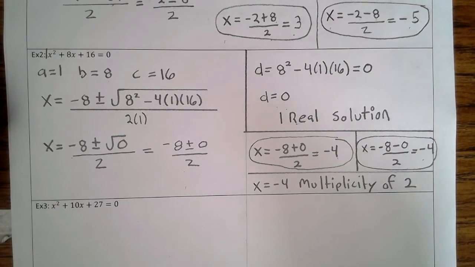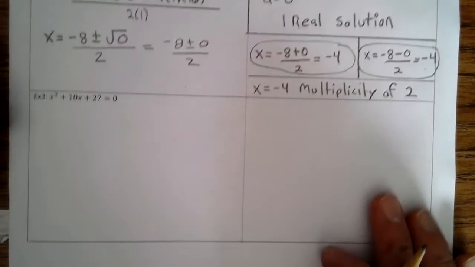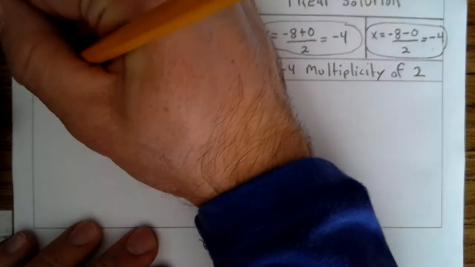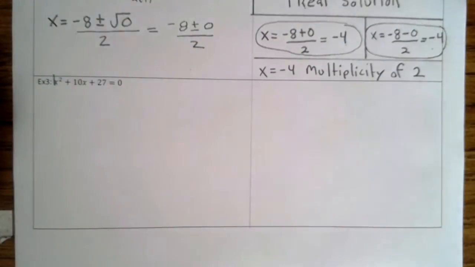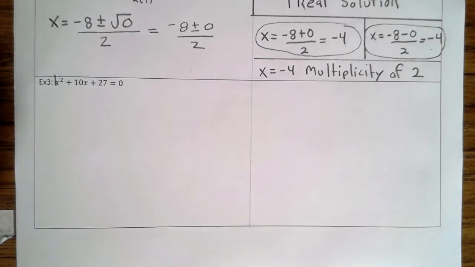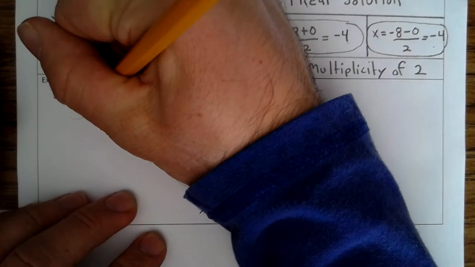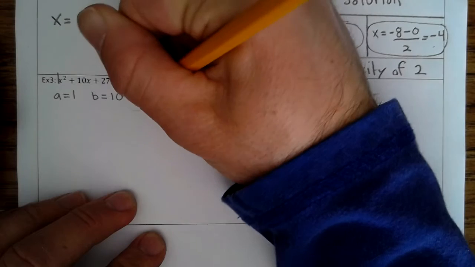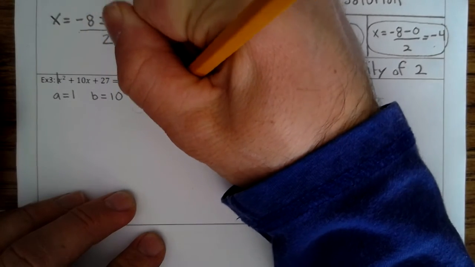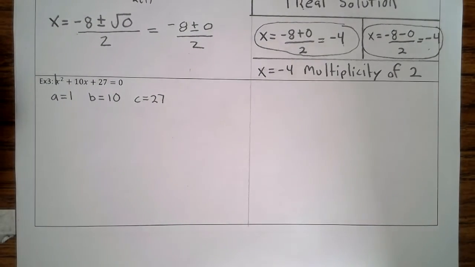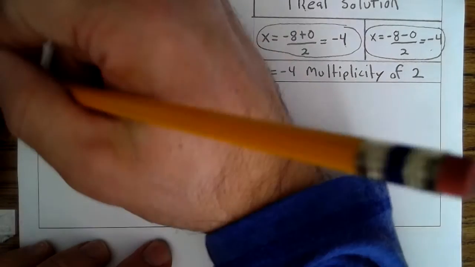Let's take a look at example 3. First things first, put a 1 in front of the x squared. Then a equals 1, b equals 10, c equals 27. Now we substitute those numbers into the quadratic formula.